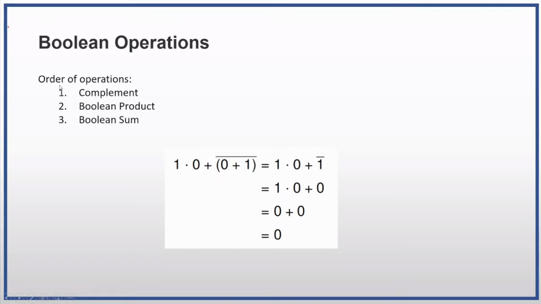So if there is a complement in any Boolean expression that you are going to simplify, first you have to do the complement part. Next you have to do the product, and finally you do the Boolean sum. This is also really similar to the mathematical arithmetic operation order.